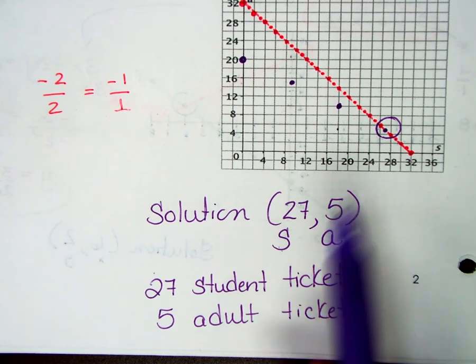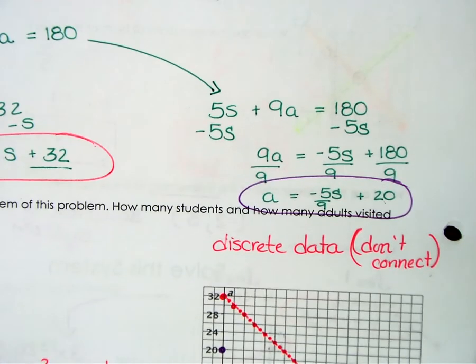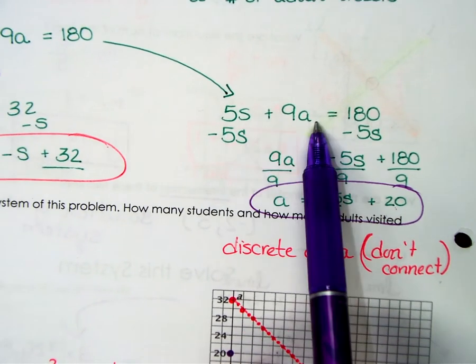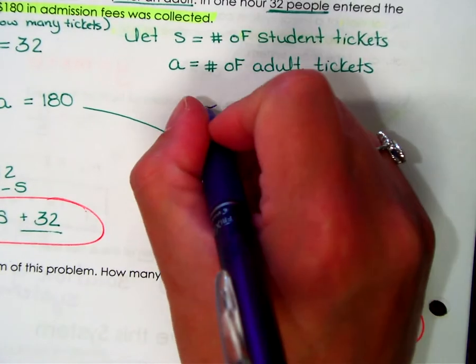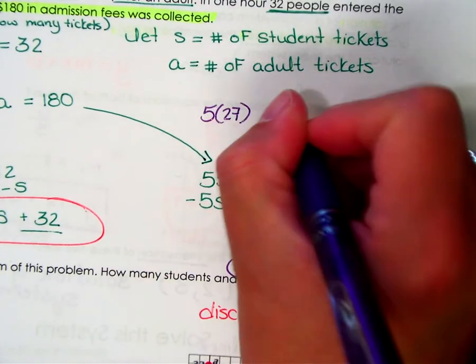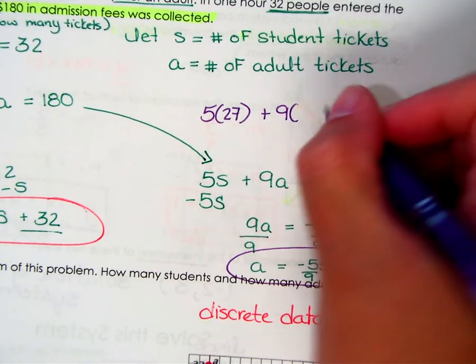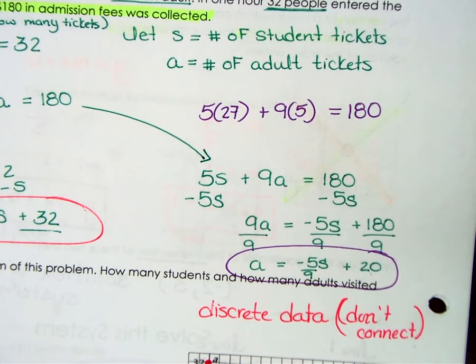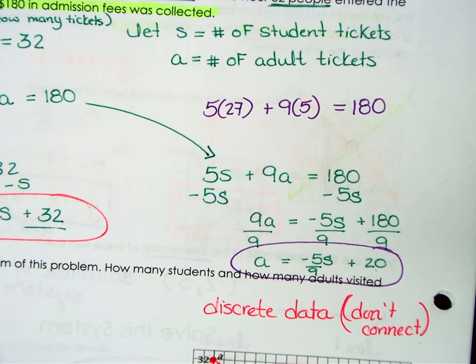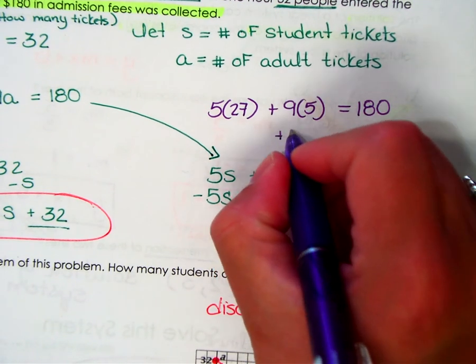And then if we were to put it into this equation way back up here, would it work here? So would 5 times 27 plus 9 times 5 equal 180? One second. Okay. I can do this one.